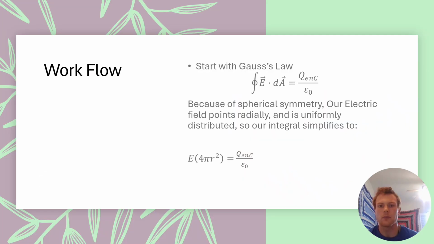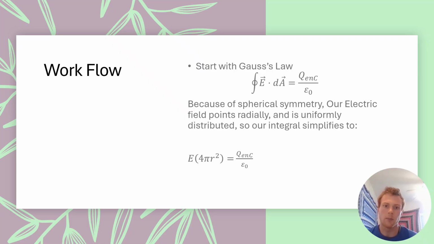All right, so we start with Gauss's law. We're just considering an arbitrary sphere given an arbitrary field, so everything is hypothetical. Gauss's law is the closed surface integral of E dot dA equals the charge enclosed divided by the permittivity. Because of our spherical symmetry, our electric field points radially and is uniformly distributed.